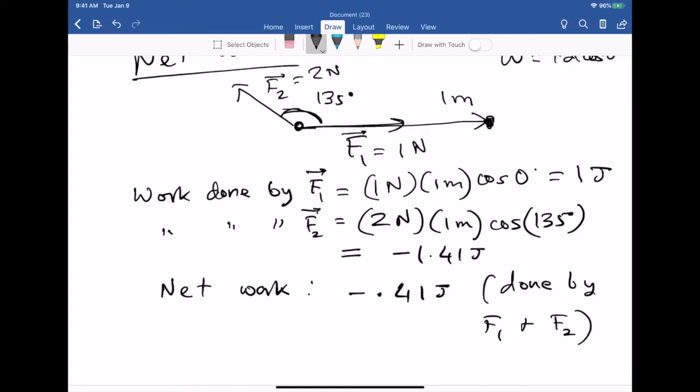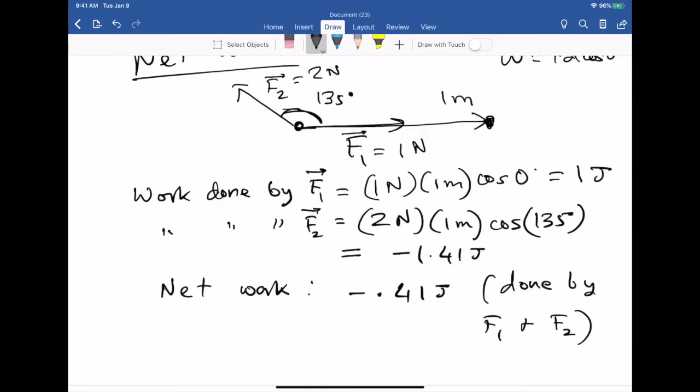I'm just showing you an example of how you add up work. Notice that work is a scalar, so you just add or subtract the amount of work. It will be a positive or a negative number, and when you combine different amounts of work, you just add them up like we did over here. So the net work is simply the total amount of work done by all the forces acting on the object.